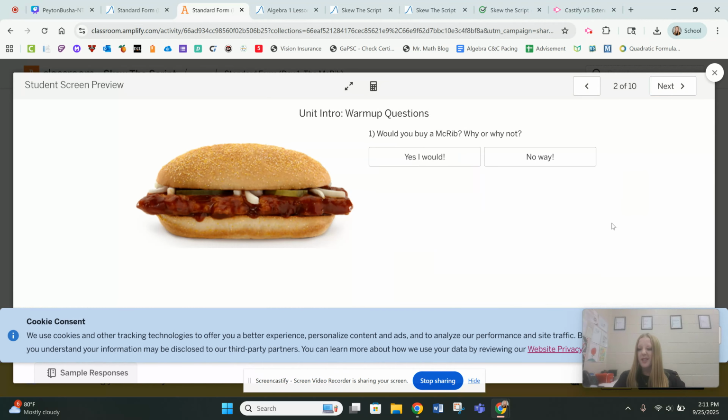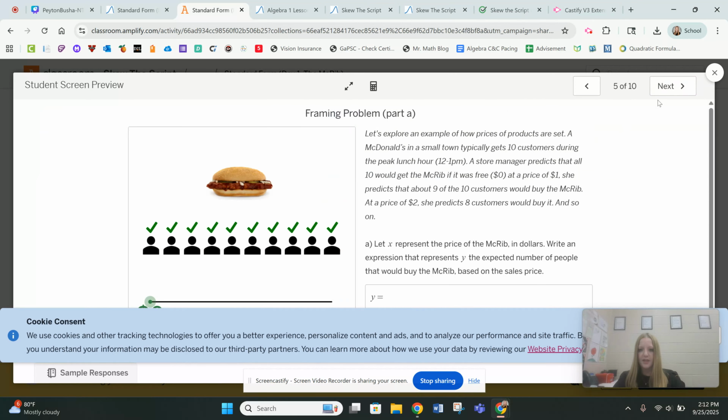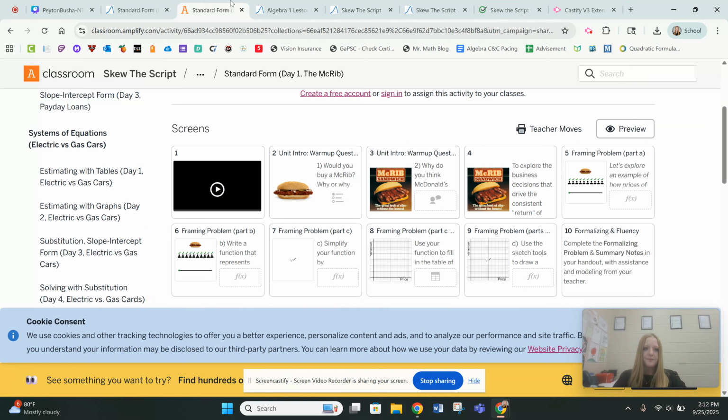And then it gives them a hook. So to explore the business decisions that drive the return of the McRib, we have to understand the driver of the market, which is its price. And so then it hints into today's question. So students are instantly hooked in and engaged right off the bat through the Desmos activity.